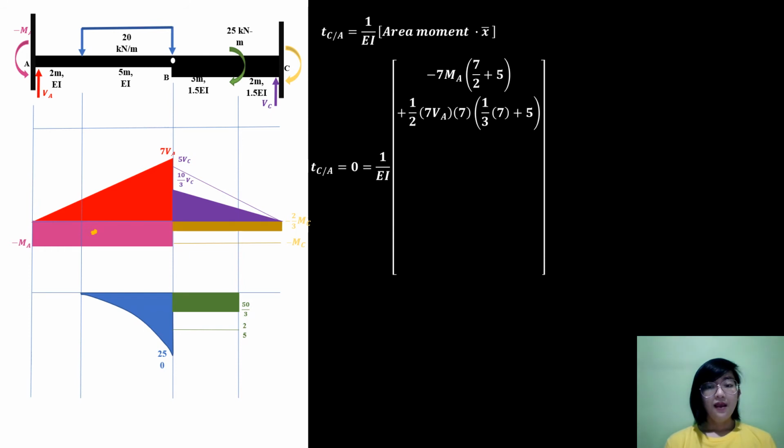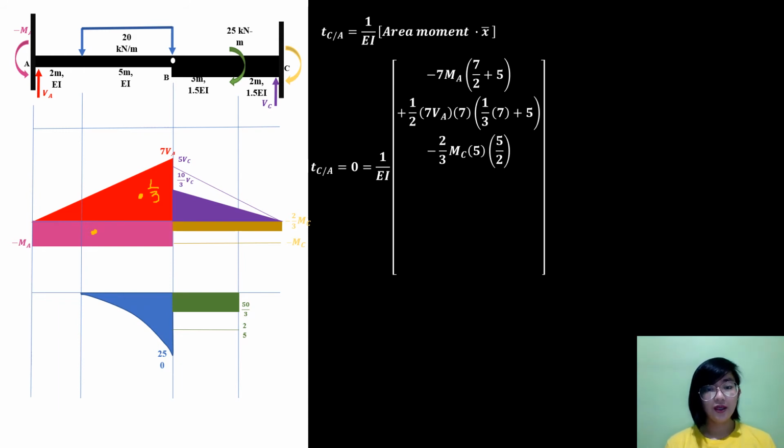Next is this one, tong triangle naman. So, ang centroid nito is, let's assume na nandito siya. So, this is 1/3, diba? So, 1/2 times 7 VA, yung height, times yung length, which is 7, times yung centroid nito, yung moment arm niya, yung centroid nito to the reference line, which is 1/3 ng length, which is 7, plus yung 5. Ito, 5 to eh. Next is, itong MC naman.